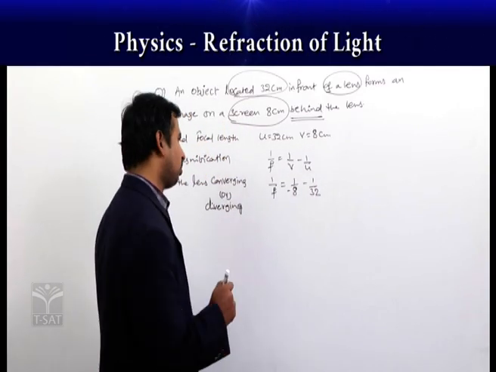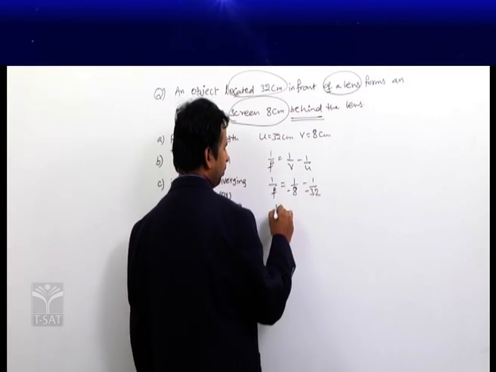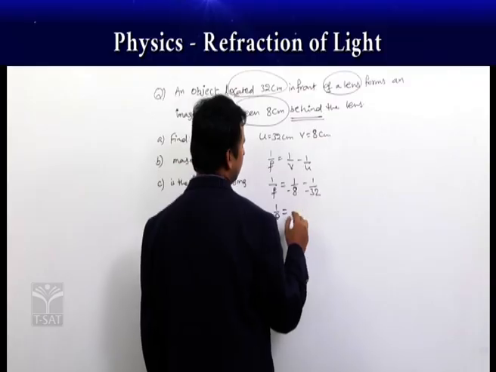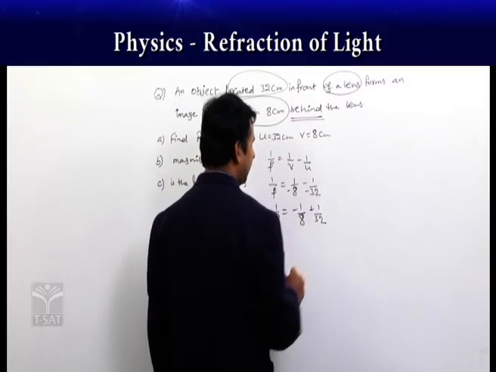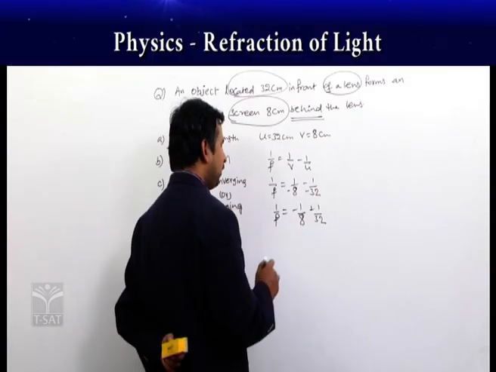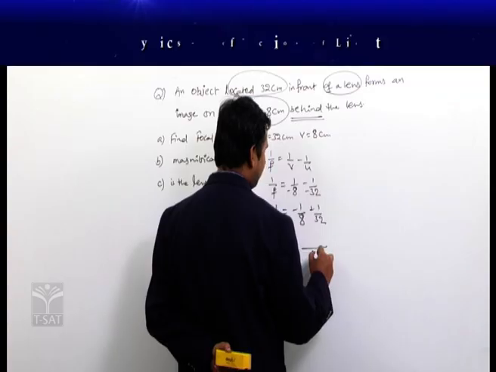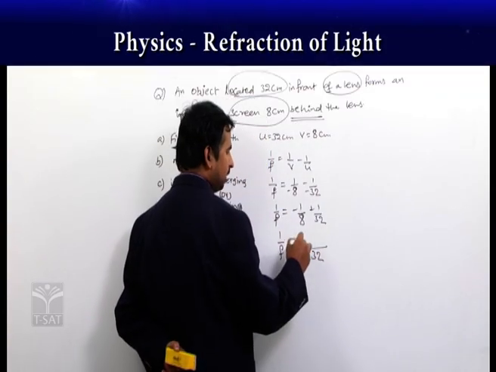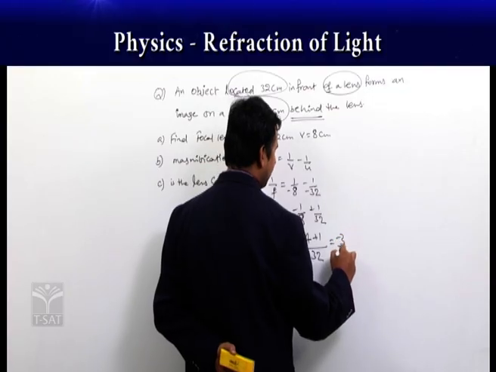Then 1 by f is equal to, in this case, the object distance is always negative. So 1 by f is equal to minus 1 by 8, and minus of minus becomes plus 1 by 32. Then if you take the LCM, 1 by f is equal to 1 by 8 and 32, 32 is the LCM, then minus 4 plus 1, which is minus 3 by 32.